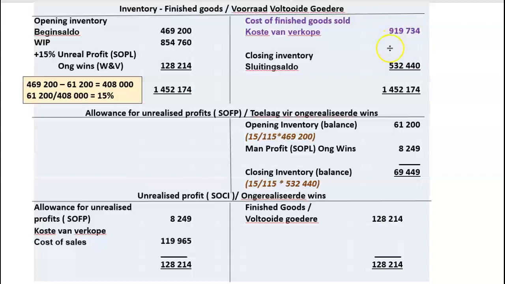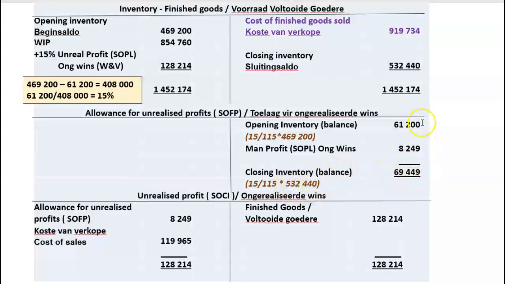Right. Now, our allowance account at year end must have a balance as well, because the 532,440, which we bring down below the line on the debit side, includes this 15% unrealized profit. So if we want to determine the balance of the allowance for unrealized profit at the end of the year, it would be the 532,440 multiplied by 15 divided by 115, that gives us a total of 69,449.